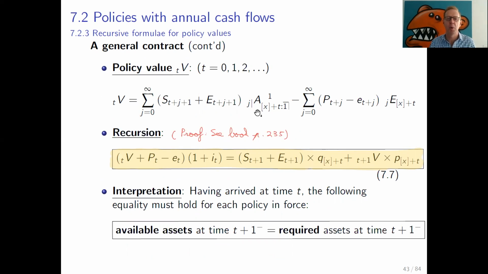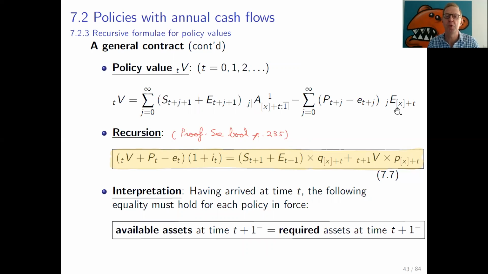If he dies now in the year j+1, starting from year t, so in fact in the year t+j+1, then there is a death benefit St+j+1 and a related expense Et+j+1. That first part gives the actuarial value of the future benefits and related expenses, minus the actuarial value of future premiums and related expenses.